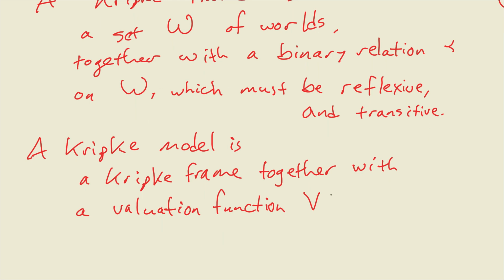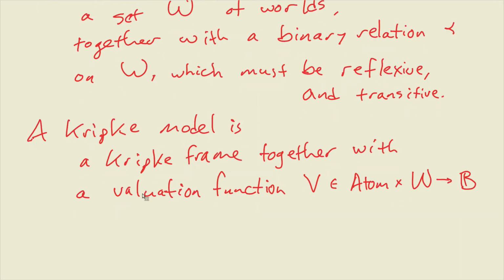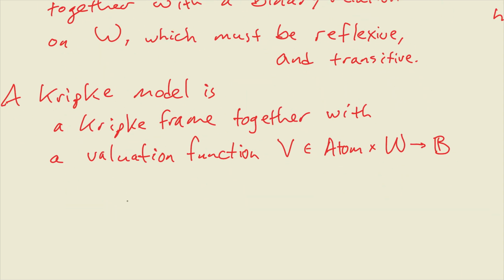So this valuation function takes in an atomic formula, and it also takes in a world, and it gives you a Boolean value. Is it true or false there? So you could ask, is propositional variable P at world W, is that true or false?